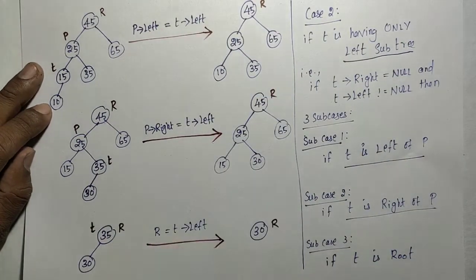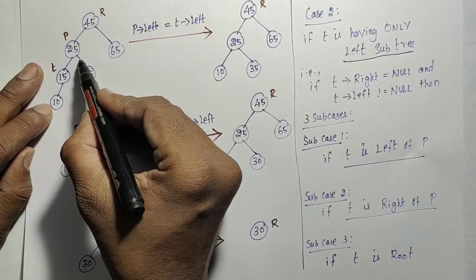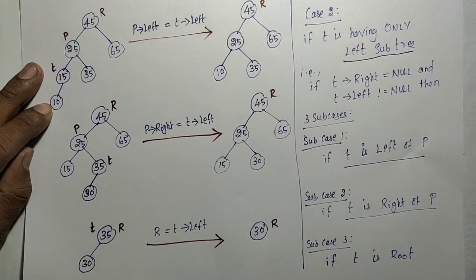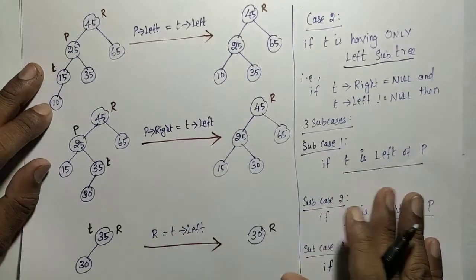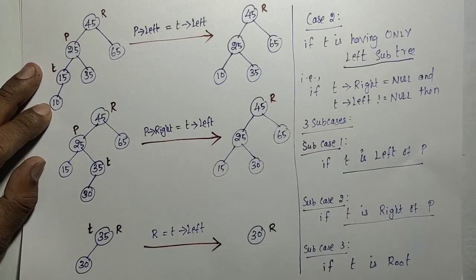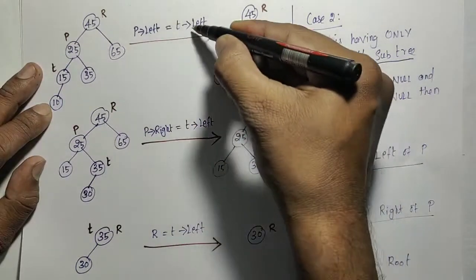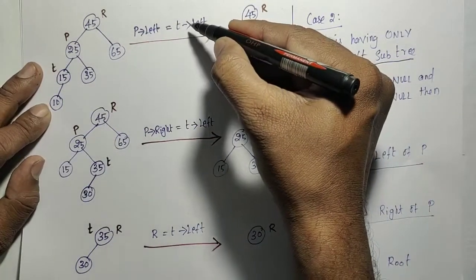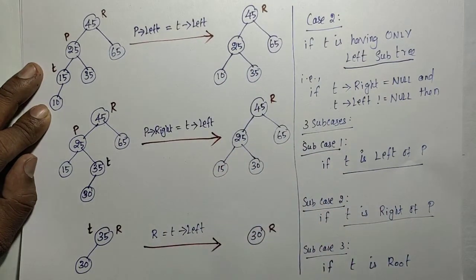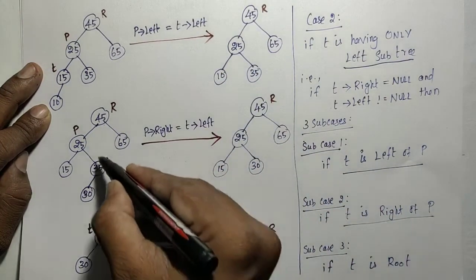In the previous case, t of right is linked with the parent. But in this case t of left has to be linked with the parent. So in all these 3 cases t of left is linked with either the left of the p or right of the p, or it will be set as the root, based on the position of t.